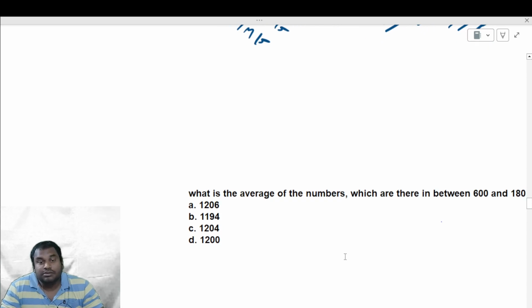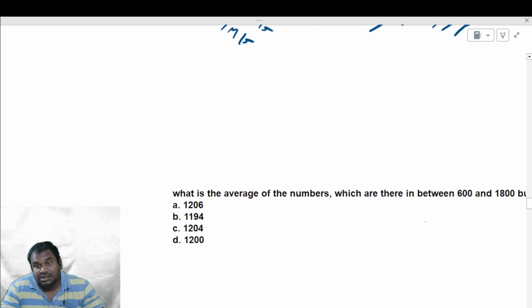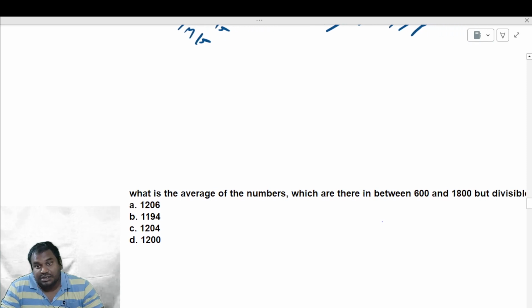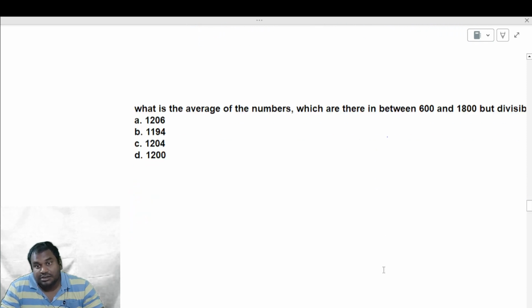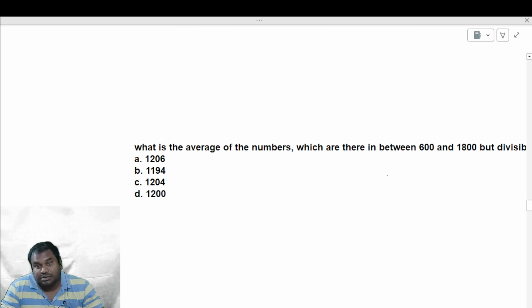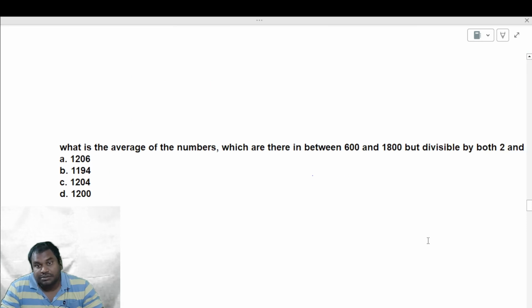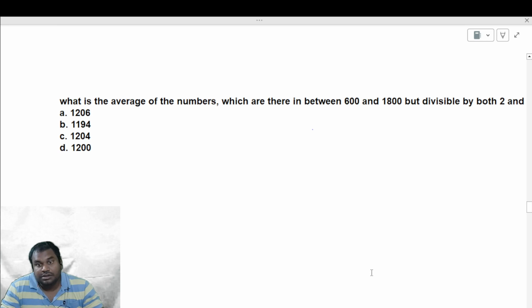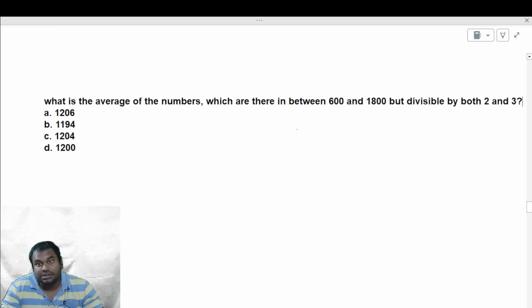Next, what is the average of the numbers which are there in between 600 and 1800, but divisible by both 2 and 3?